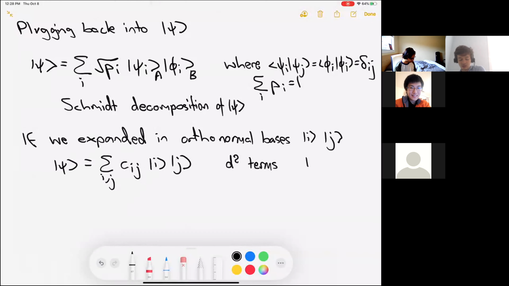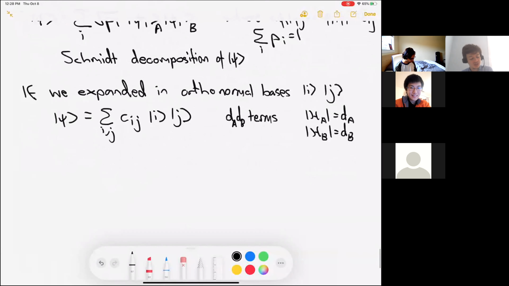Or rather, we would have d_A times d_B terms, where the dimension of the Hilbert space A is d_A, and the dimension of Hilbert space B is d_B.